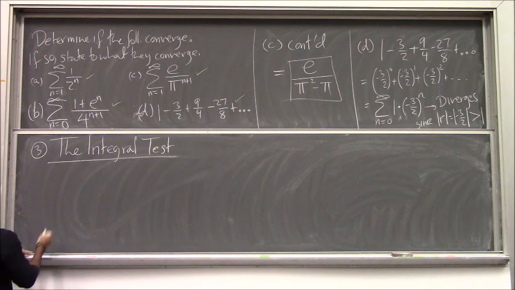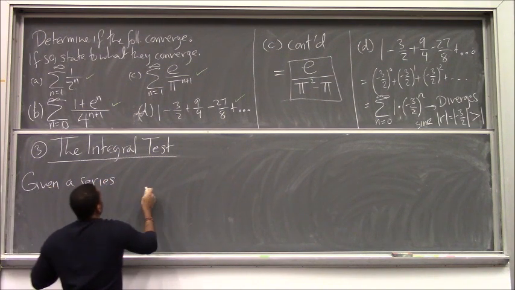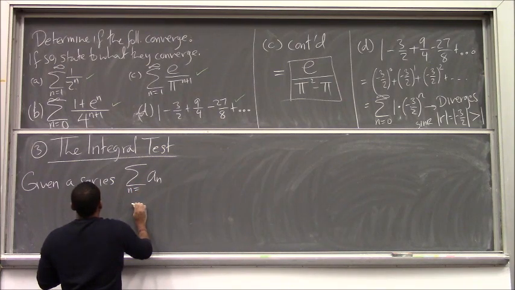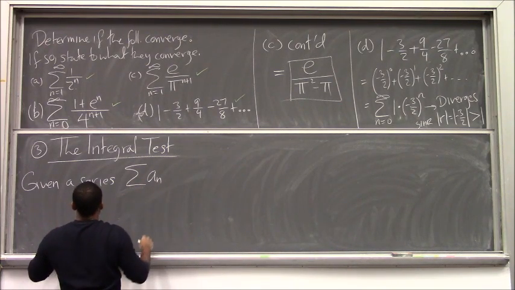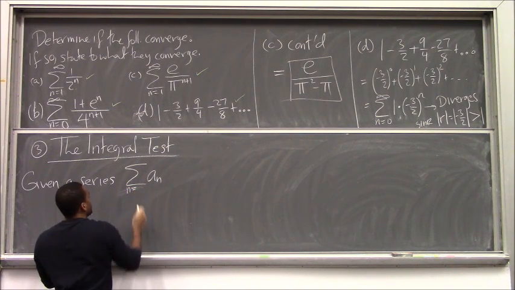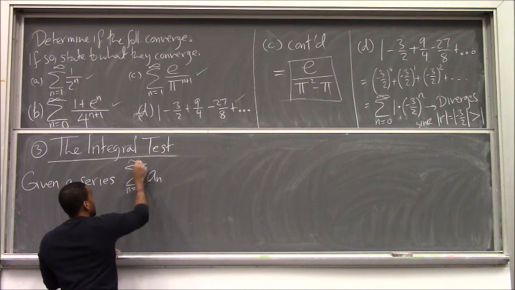So, given a series a_n, and again, it's an infinite series, whatever it's starting from. Usually it's 0 or 1, but n equals a, it can start from any constant, really.